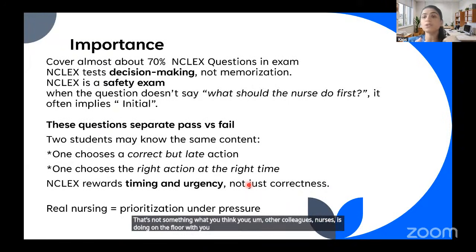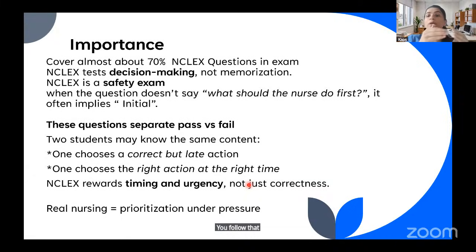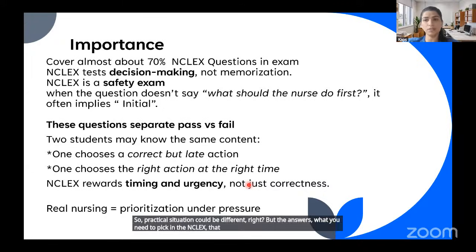Depending on which site or country you're working in, you follow the rules of your site at that time. So the practical situation could be different, and the answers you need to pick in the NCLEX could be different.